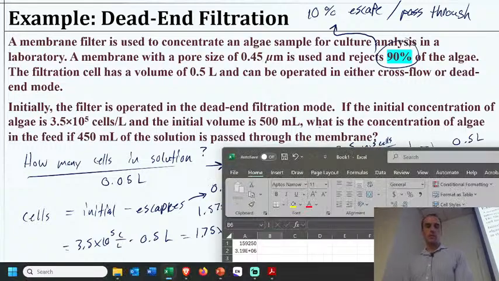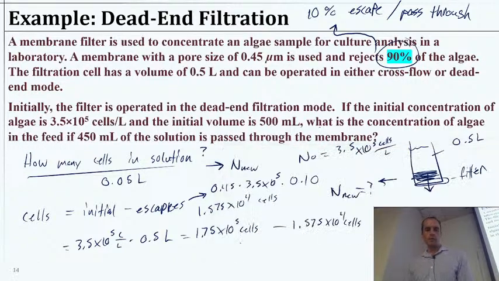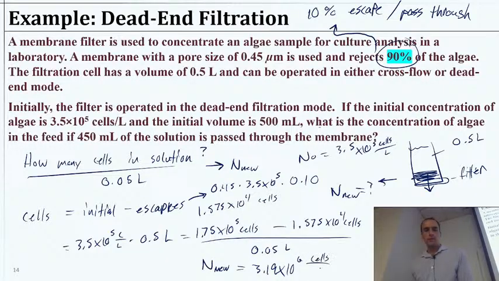All right, so we had 3.19 times 10 to the 6 as a final answer. Got to divide this by the 0.05 liters. All that becomes 3.19 times 10 to the 6 cells per liter. Now, if we stop and think about it, we concentrated almost all of the solution.